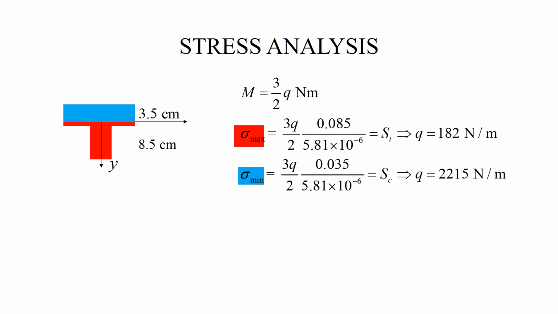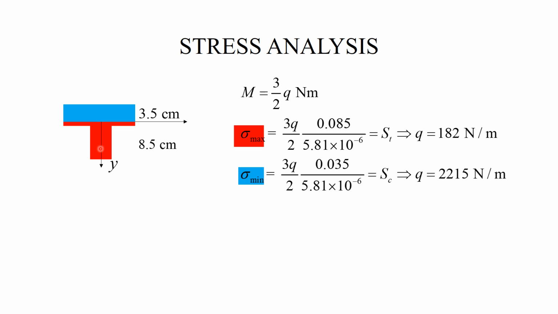So first, I will consider the cross section in the middle of the beam where the moment is equal to 3/2 Q and it is positive. Because the moment is positive, the upper part of the cross section is in compression and the bottom part is in tension.